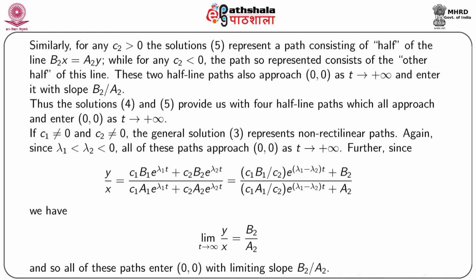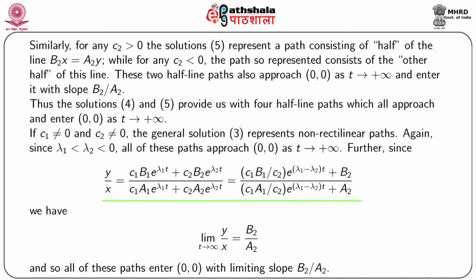Further, if we calculate this ratio y by x, which is equal to C1 b1 e to the power lambda 1 t plus C2 b2 e to the power lambda 2 t, divided by C1 a1 e to the power lambda 1 t plus C2 a2 e to the power lambda 2 t.